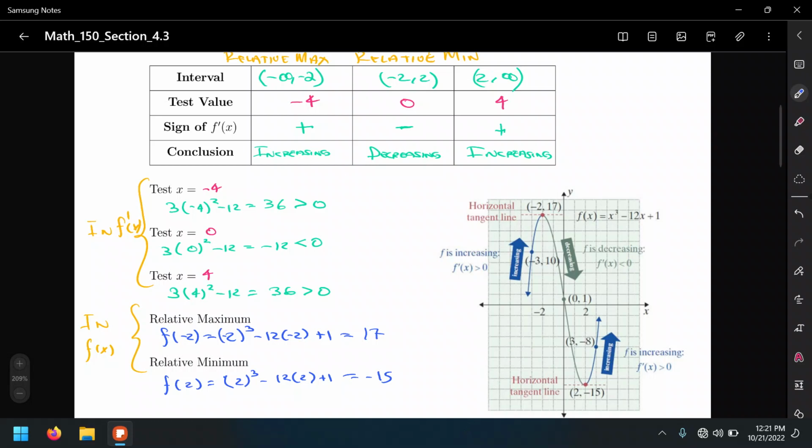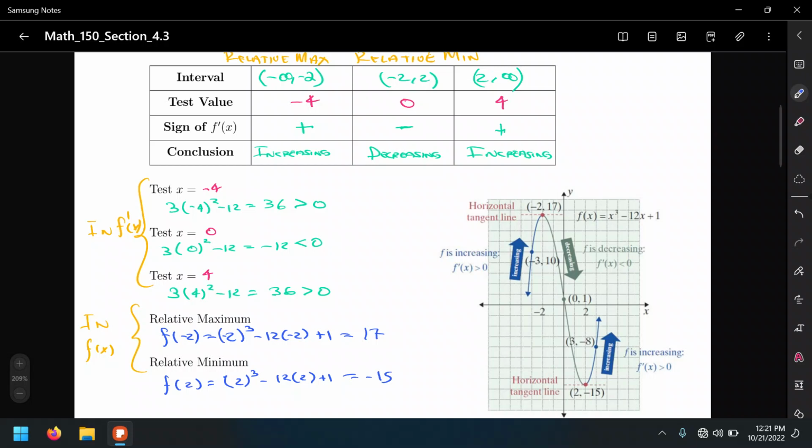It's increasing from negative infinity to negative 2, then decreases from negative 2 to positive 2, and then increases again from 2 to infinity. So all this analysis that we did algebraically and numerically is confirmed by what we have in the chart right here.